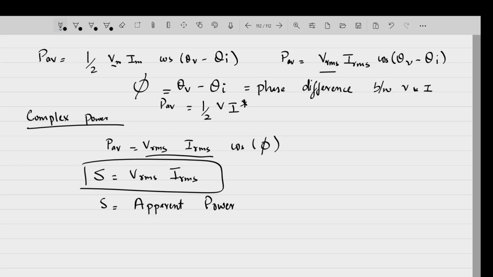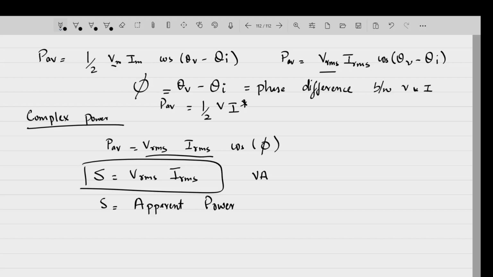In a DC circuit, power is given as a product of voltage and current. So apparently for an AC circuit also, the product of voltage and current should give us the power. It is not the actual power in an AC circuit, but only the apparent power that seems to us it should be the power in this circuit. That's why it's known as the apparent power. The unit for S is VA, volt amperes.